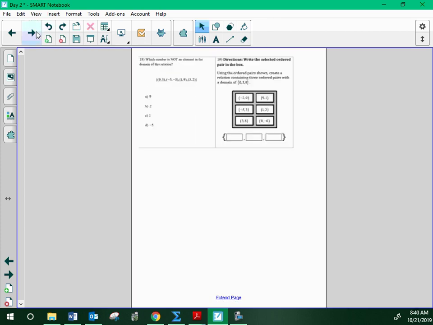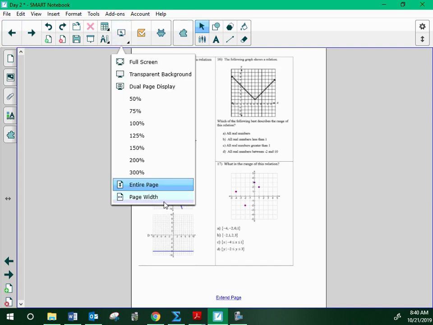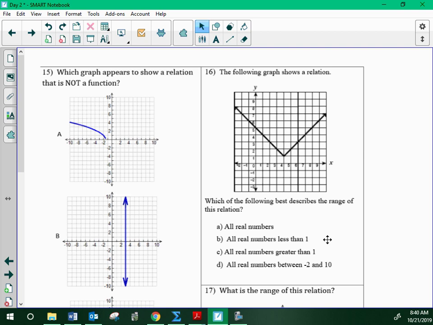There's just a little bit more of multiple choice here. So these are going to be similar to the types of questions they have on the SOL. So we like to give you some examples of those. So 15 asks which one is not a function. Again, remember to use your vertical line test for that.